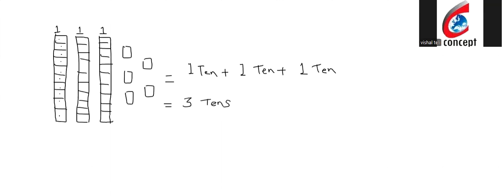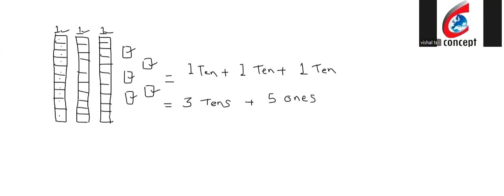Plus how many ones are there? Look at here: 1, 2, 3, 4 and 5. So 5 ones are there.